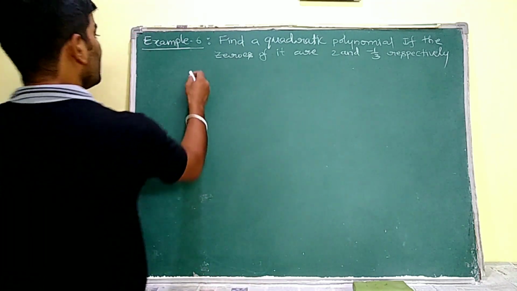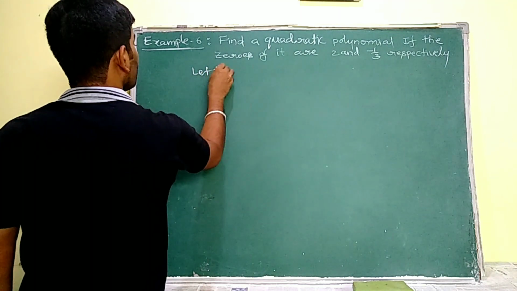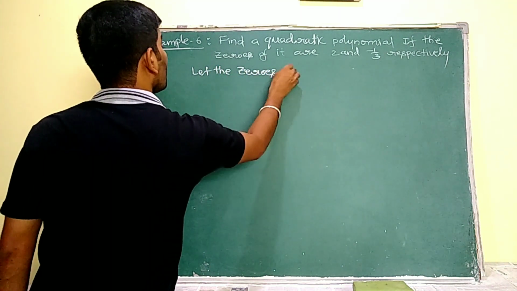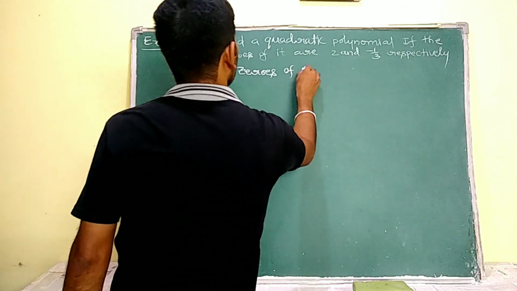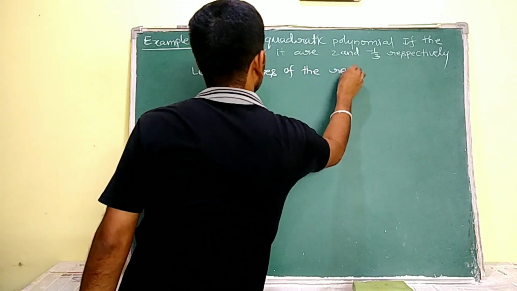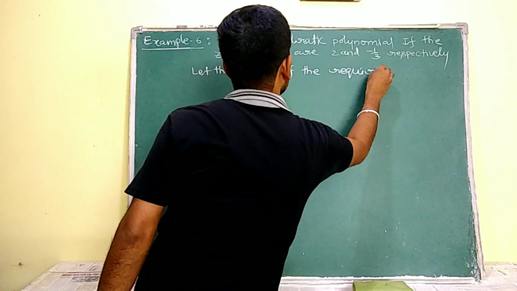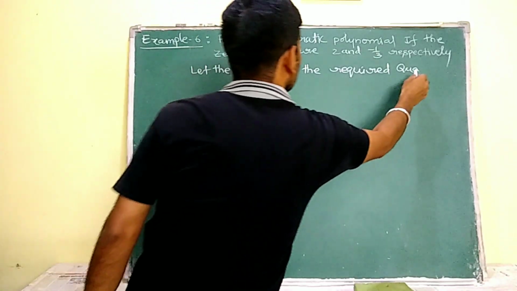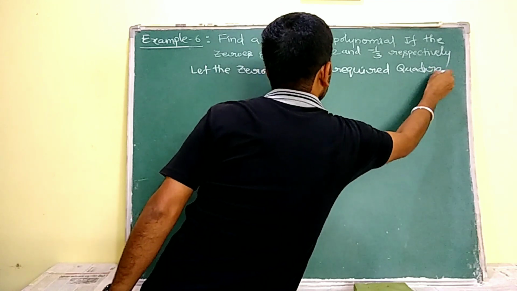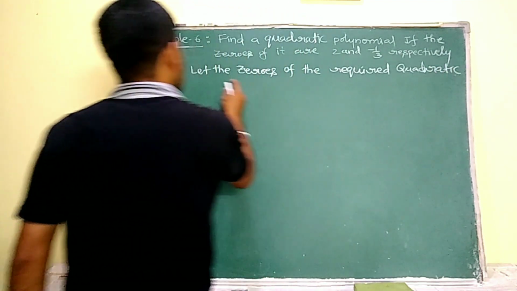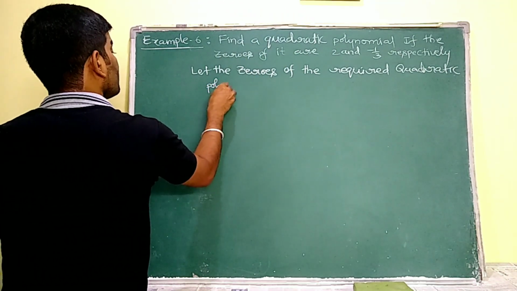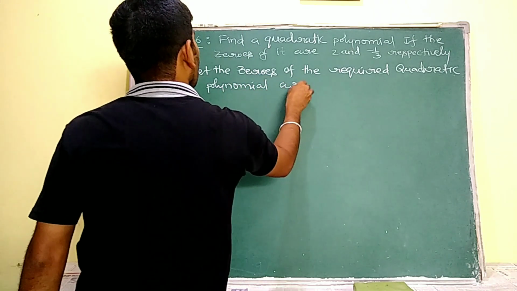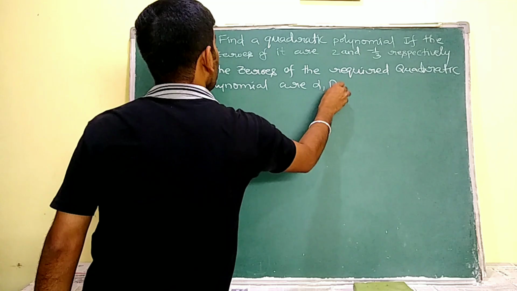So let the zeros of the required quadratic polynomial are alpha comma beta.